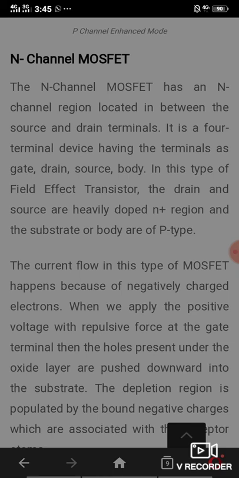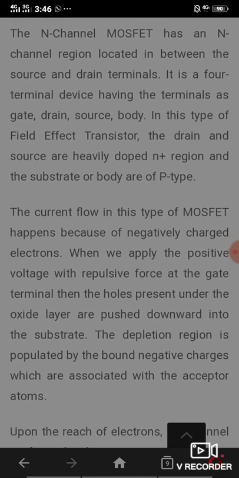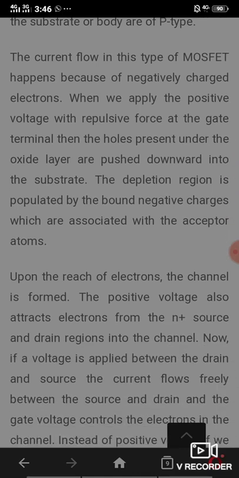The substrate or body is of p-type. The depletion region is populated by the bound negative charge, which is associated with the acceptor atoms. Upon the reach of electrons, the channel is formed. The positive voltage also attracts electrons from the N source and drain region into the channel.